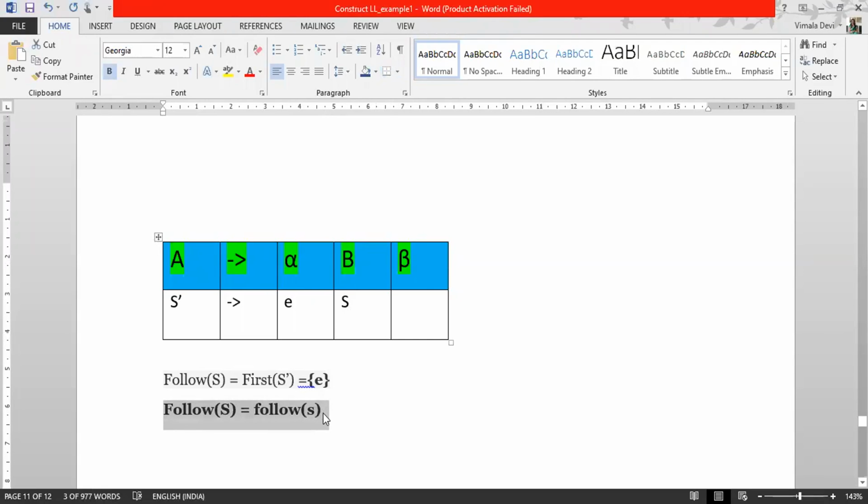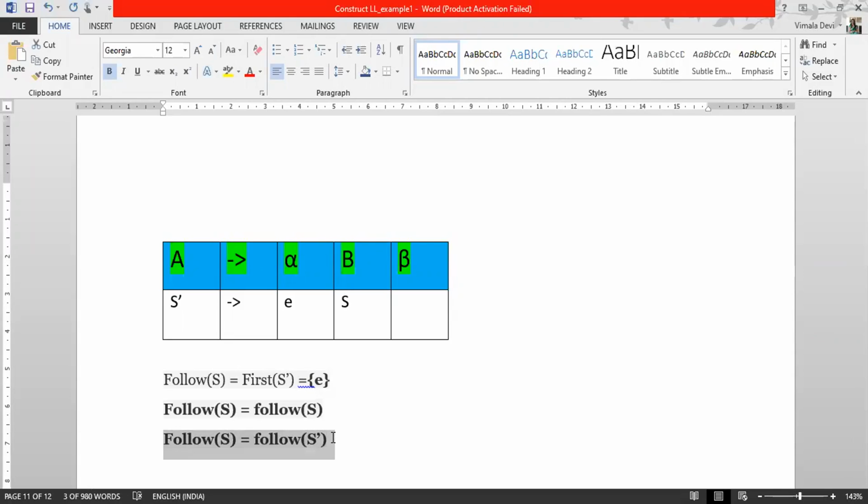That is a rule I will obtain, isn't it? Follow of S is follow of S'. As of now, there is no follow symbols we have computed for S'. So this rule is pending as of now. So you remember this rule, later we have to update. So now I will underline this rule. Since we do not know what is follow of S', I cannot update furthermore in follow of S. That is what I tried to say.